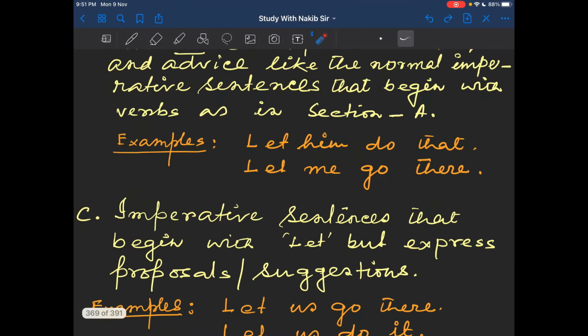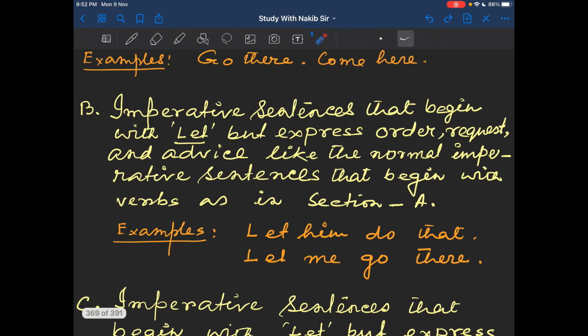And the last section, section C, deals with the imperative sentences that begin with let but express proposals or suggestions. Section B deals with the imperative sentences that begin with let but express order, request and advice like the normal ordinary imperative sentences.